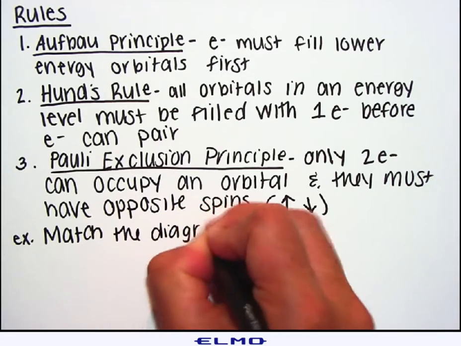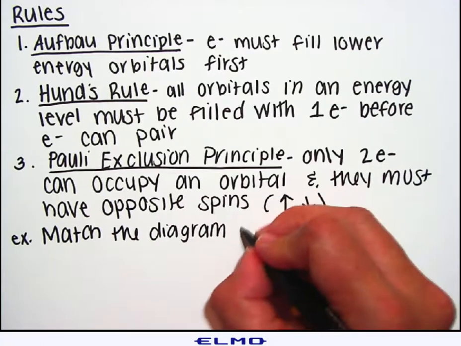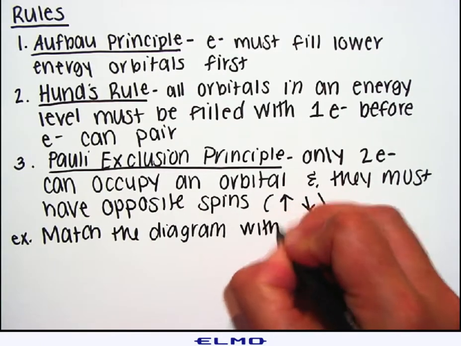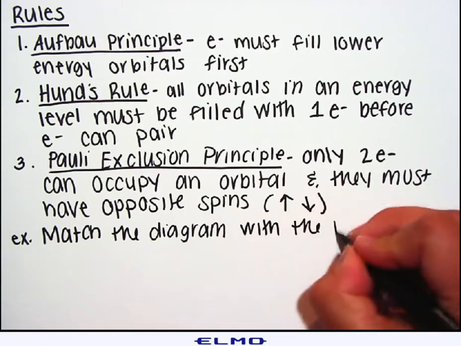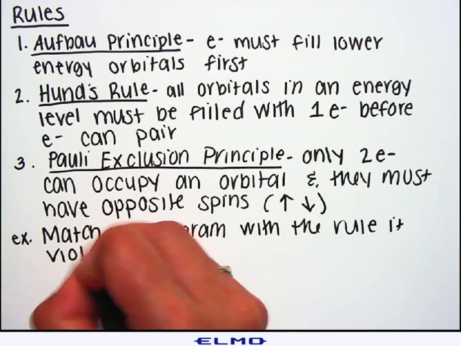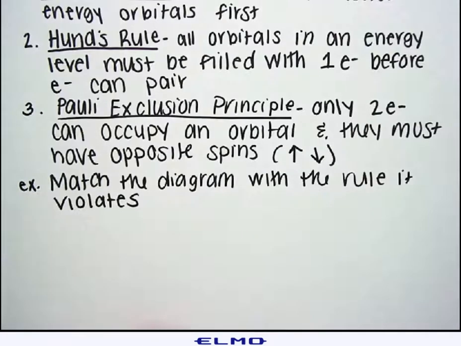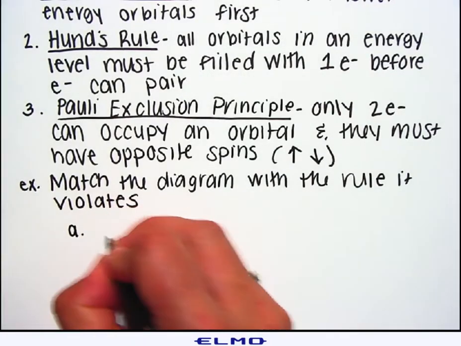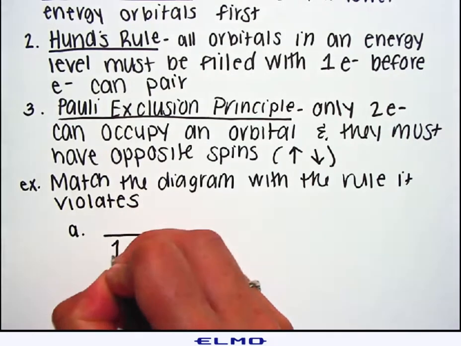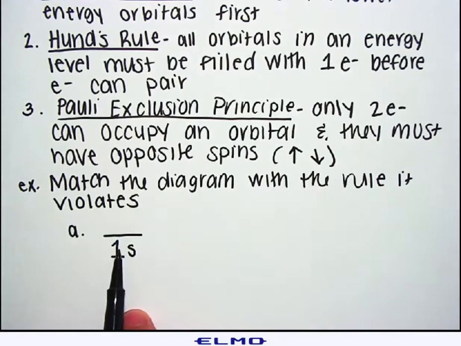So let's say I gave you a few diagrams with mistakes. Match the diagram with the rule it violates. So this is my 1s orbital.